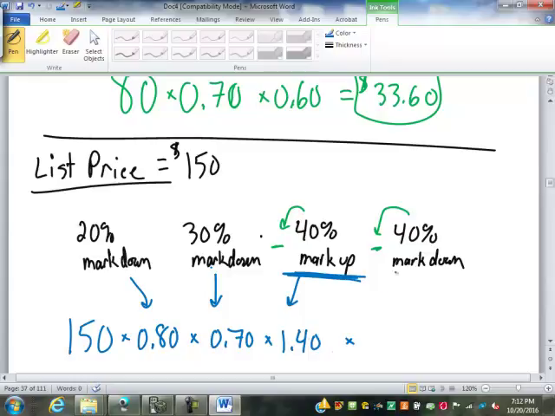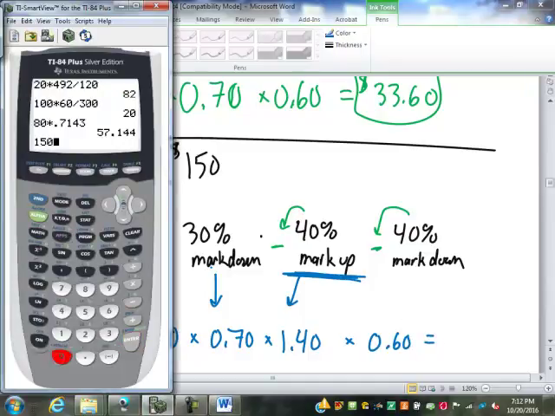Okay. Now then, we do have a 40% markdown. So times 0.6. So 150 times 0.8 times 0.7 times 1.4 times 0.6. Oops, there's a decimal point there.